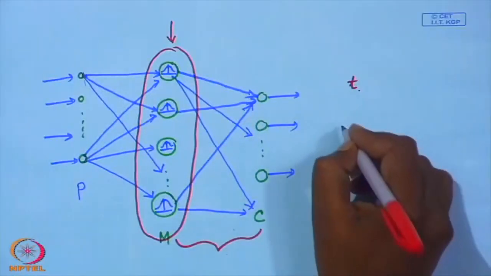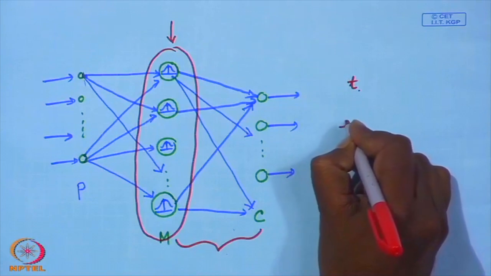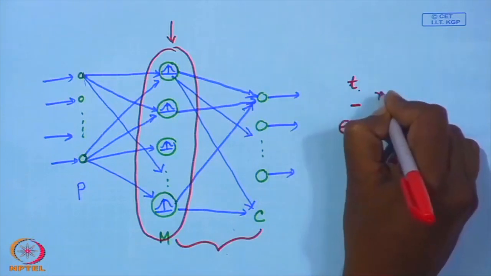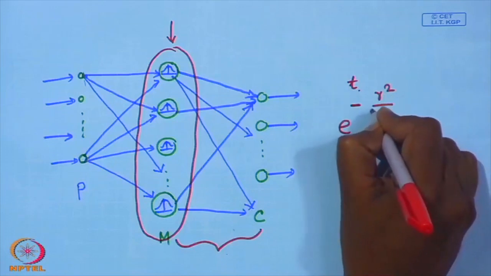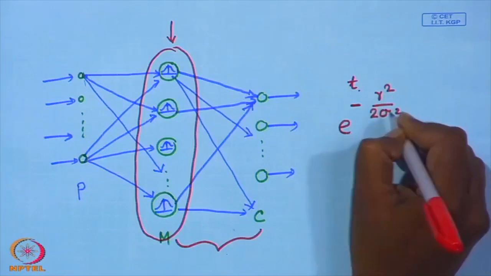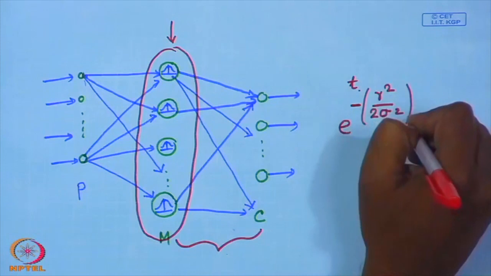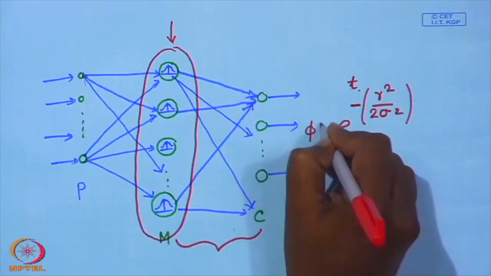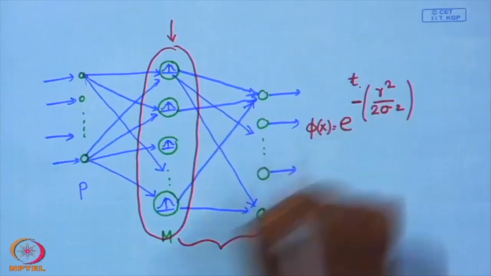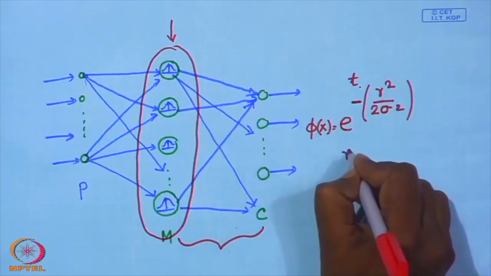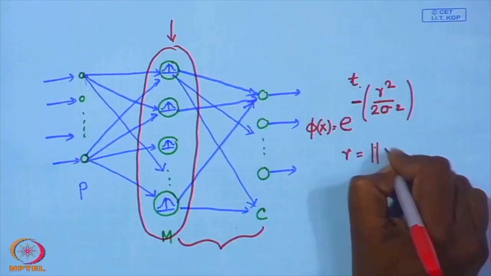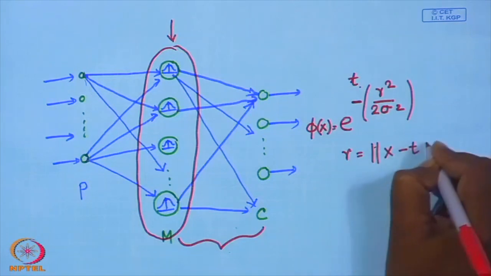If I use the Gaussian function, then we have said that the radial basis function is of the form e to the power minus r squared upon 2 sigma squared. That is my phi of x, where r is nothing but the distance between x and t.